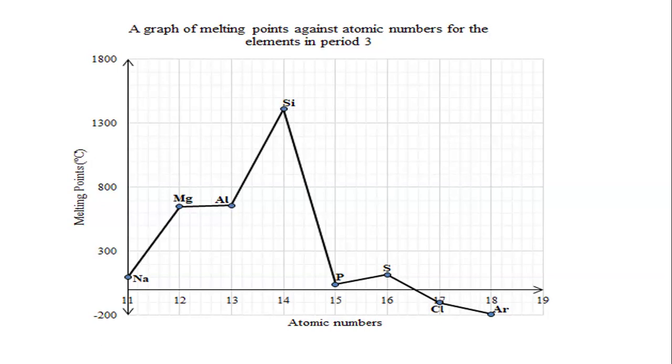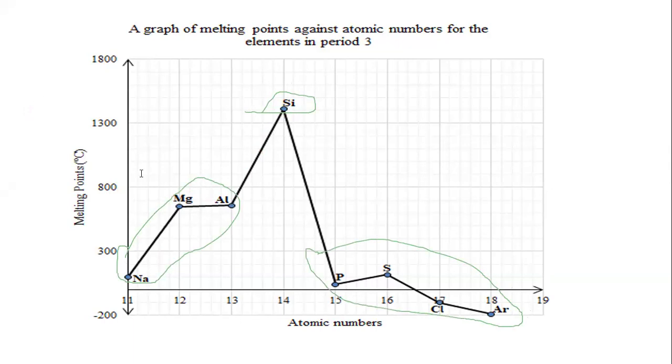Then you start describing. When you're describing, you describe the metals alone. Describe from sodium to aluminium alone, because these ones have the same structure. This one has its own structure. And also these ones have the same structure. So we describe based on the structure.